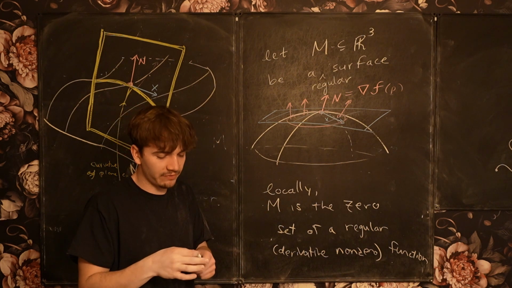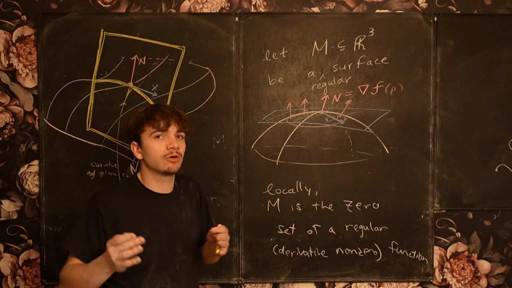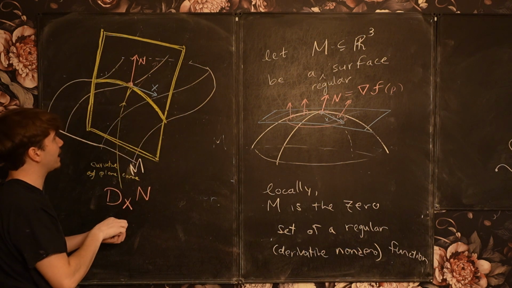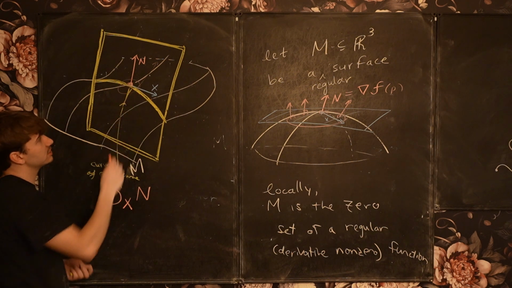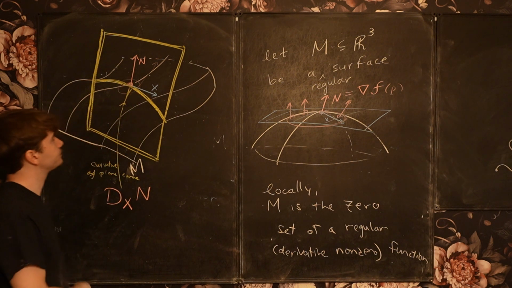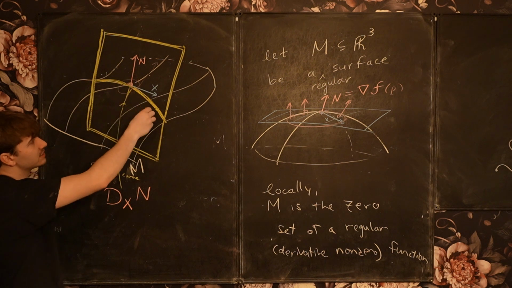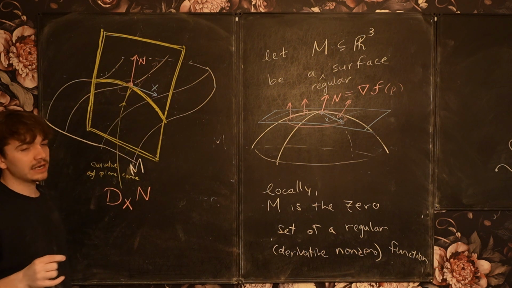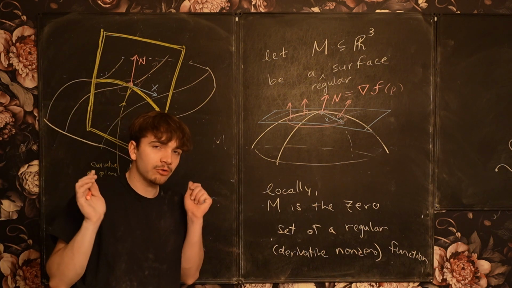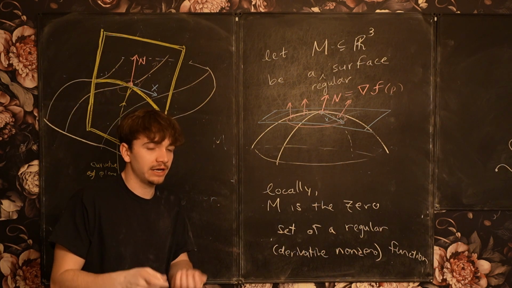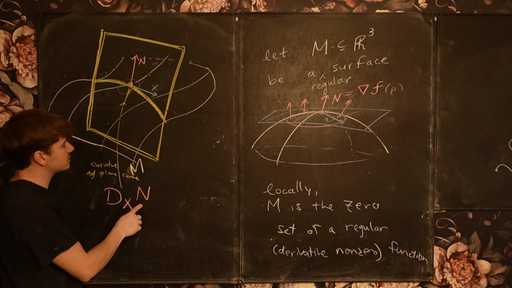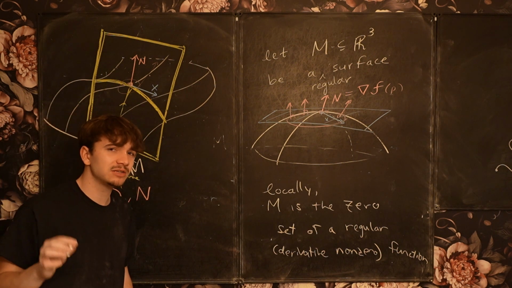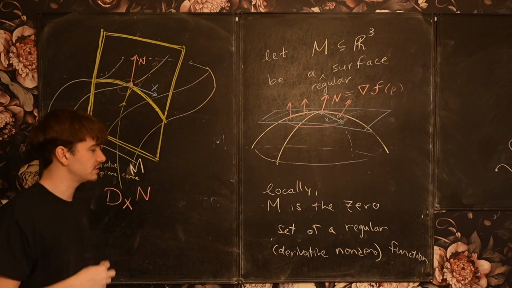I should have specified that previously, but we want this normal vector field in a patch of the surface to be of unit norm. So if I look at its directional derivative along the direction x, the directional derivative is going to be orthogonal to the direction of n. And so in particular, it's only going to be in the direction x, which belongs to the tangent plane of the surface.